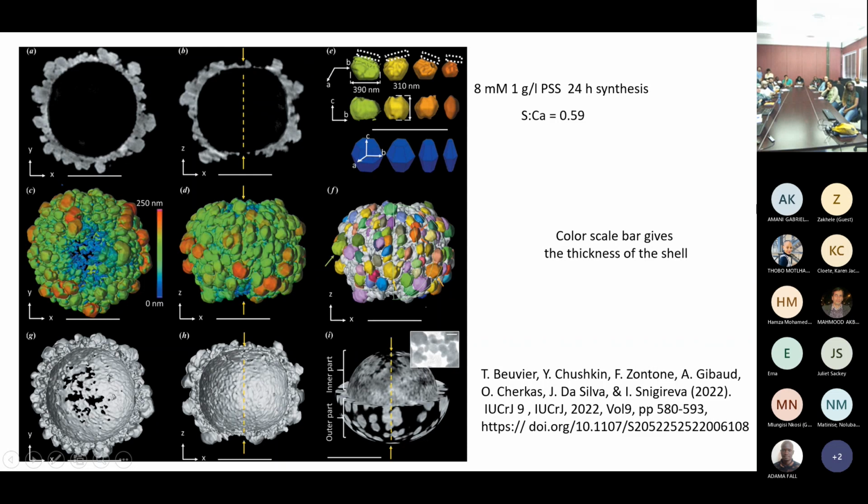But there is a frustration at the top, because if you put many dipoles at the top, they don't want to have their dipolar moments parallel to each other. So it means that at the pole of the particles, you cannot form crystals. This is why the polar structure at the top is depleted in terms of crystals. You don't see many crystals here, but you see mainly the crystals along the equator.